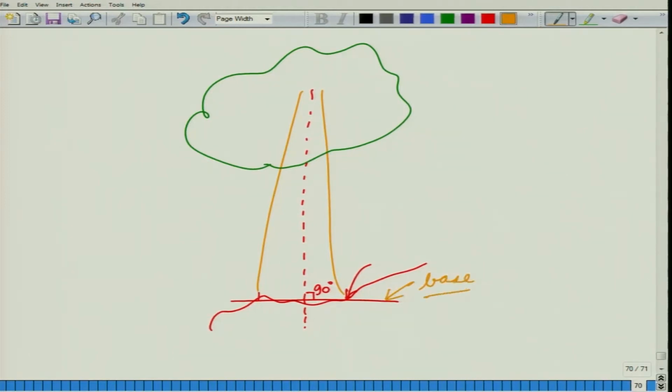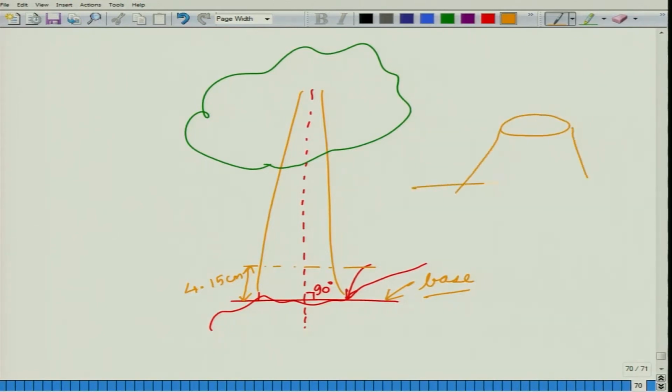Or otherwise, when you chop a tree, you could take any position that is 4.15 centimeters below your stump as the base. Suppose you have a stump that is left.